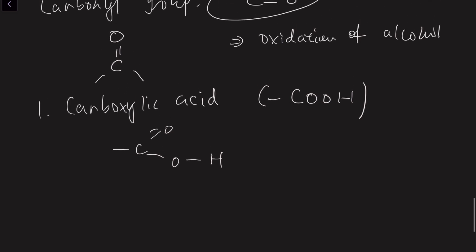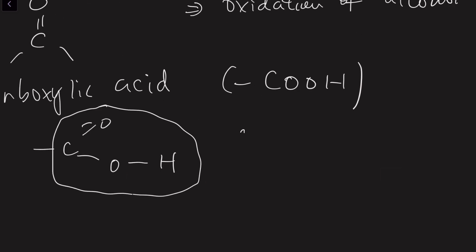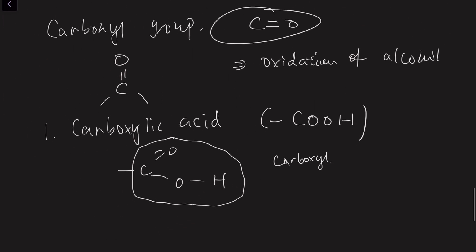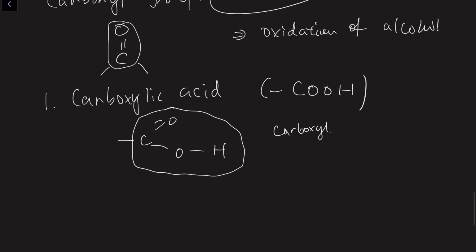And this whole group, that's when it becomes confusing, is called the carboxyl group, not the carbonyl group, because the carbonyl is only the C=O part. If we have COOH, it's called the carboxyl group.